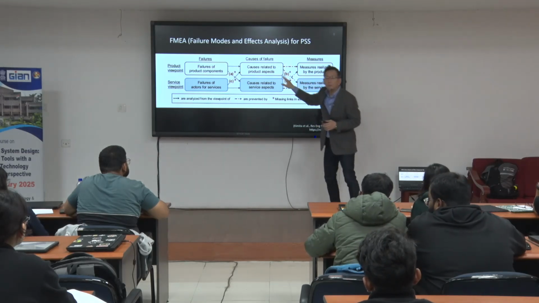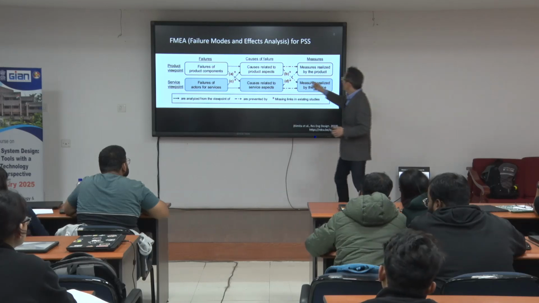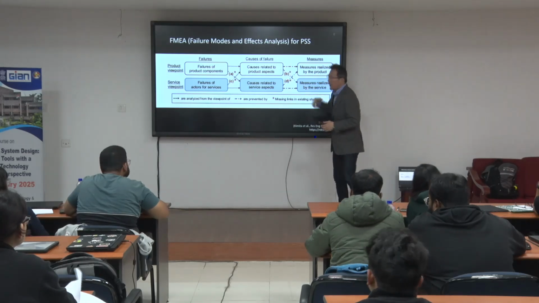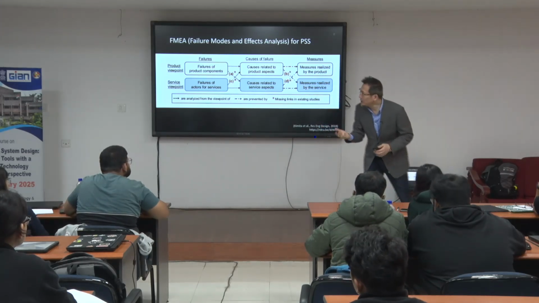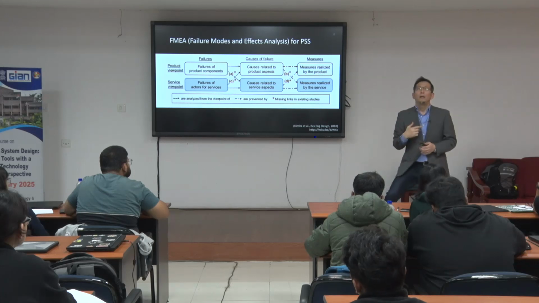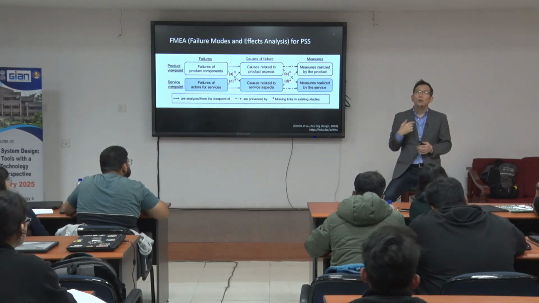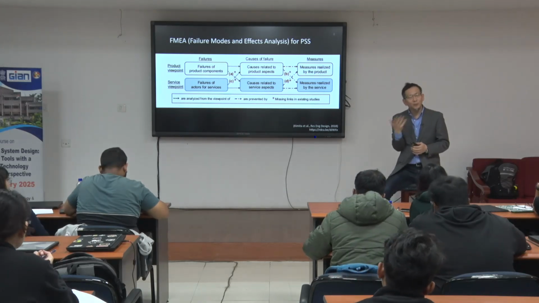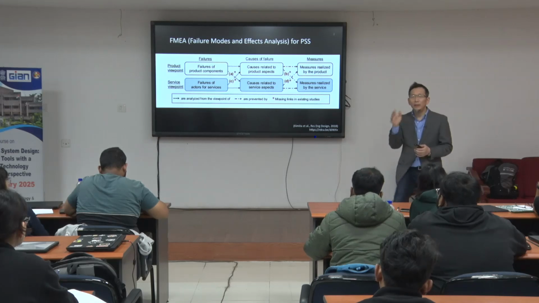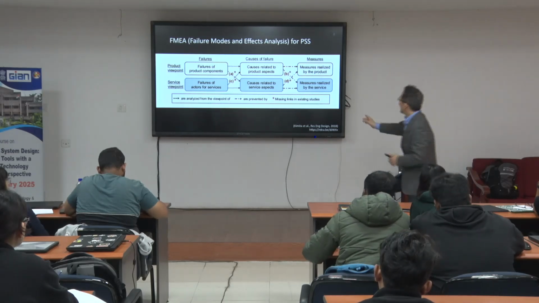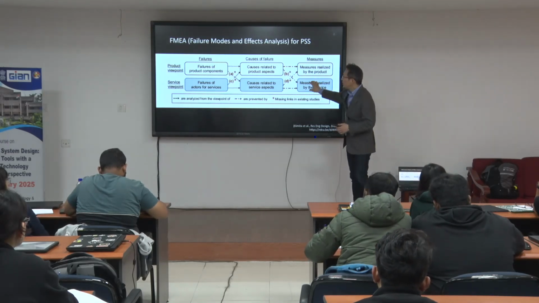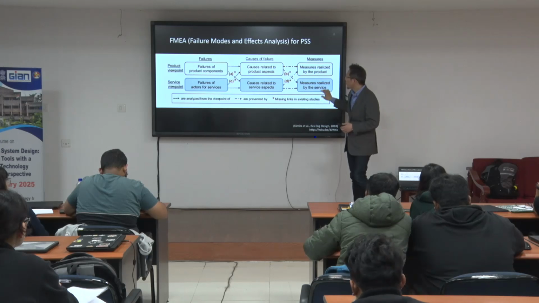let's say if the engine malfunctions, that can be counteracted by, let's say, service center, service people can help when that kind of fault happens. That's a measure from the service point of view.